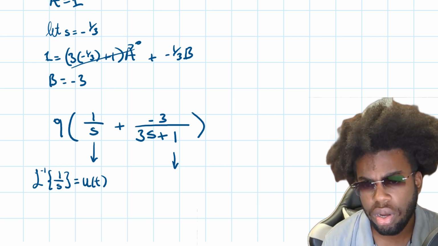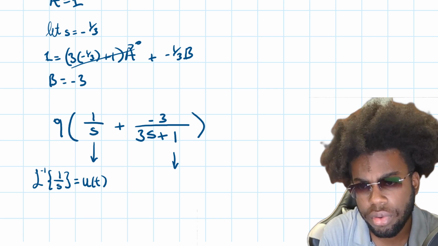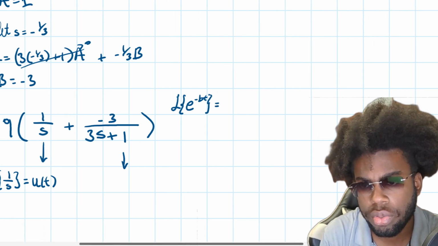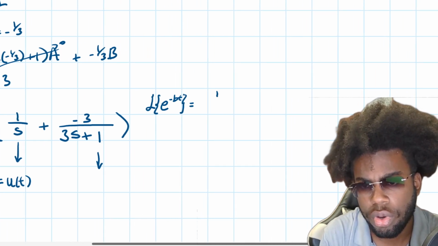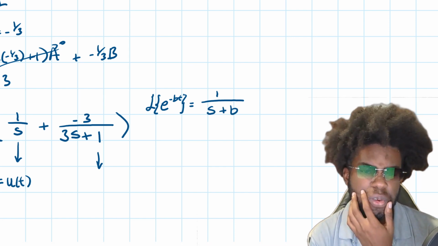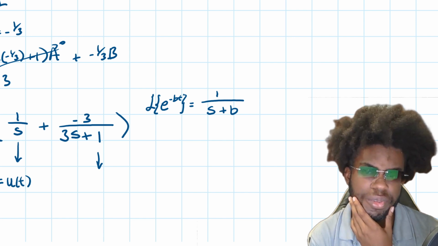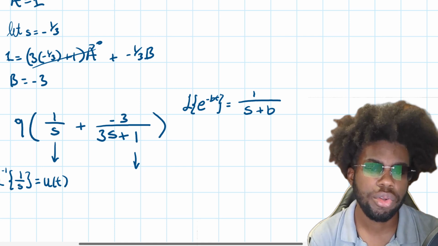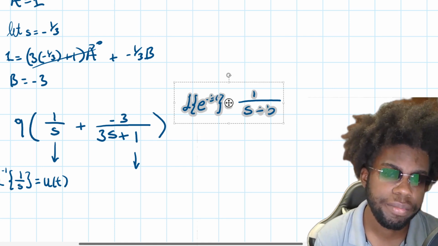This would almost resemble the Laplace transform pair that tells us that the Laplace transform of e to the minus bt is equal to 1 over s plus b. Almost, right? Almost. So let's see what is needed for it to look like that entirely.